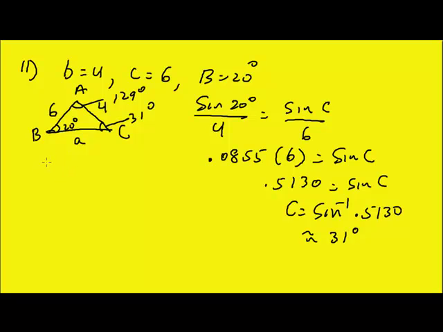Okay, then we can go sine of 129 degrees is to side A is to sine of 20 degrees is to side 4.